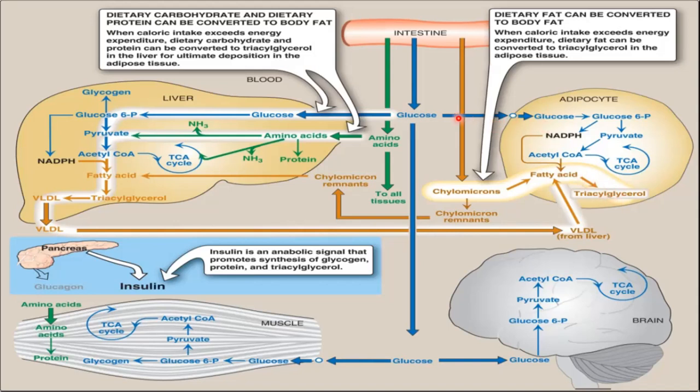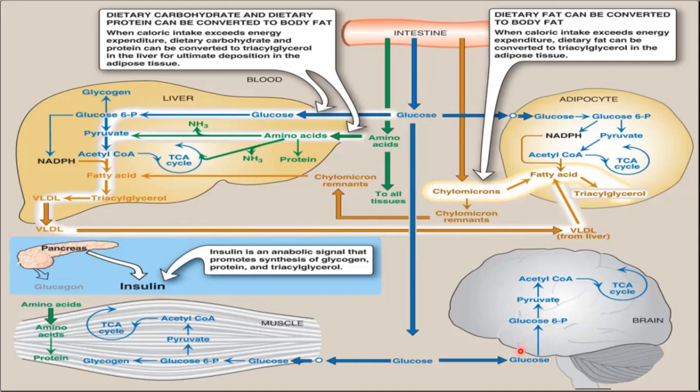Remember, now also glucose, you can see this circle here is a GLUT4 transporter, so there will be increased uptake of glucose by the adipocytes, and this glucose can form glycerol 3-phosphate, which will be used in the synthesis of triacylglycerols. Also in the muscle, we have the GLUT4 transporters, and this glucose can either go to glycolysis or go to glycogen synthesis.